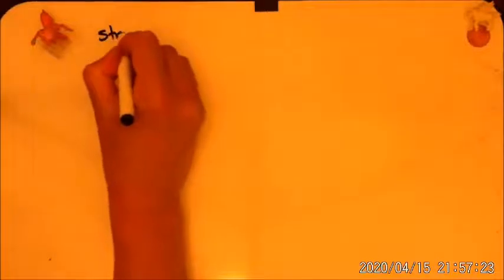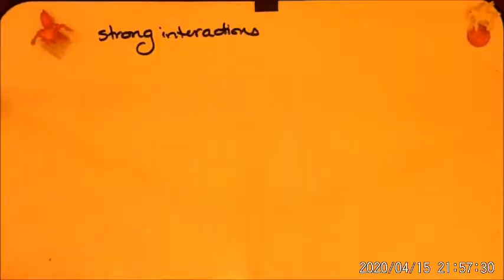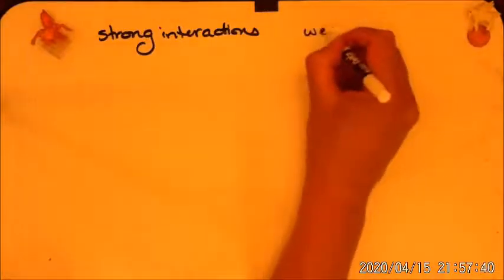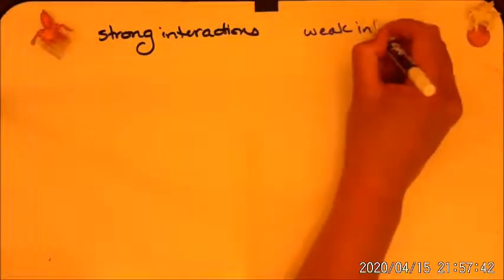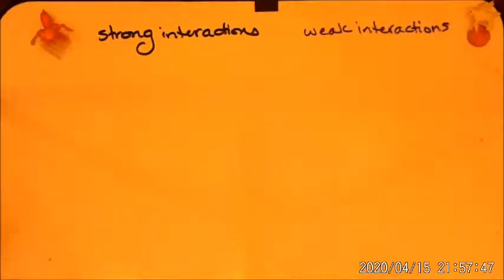So let's do our orbitals, and what I'll do is I'll put our strong interactions on the left hand side, and I will put our weak interactions on the right hand side.